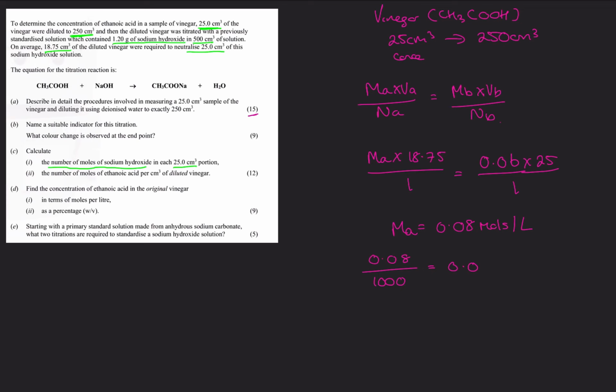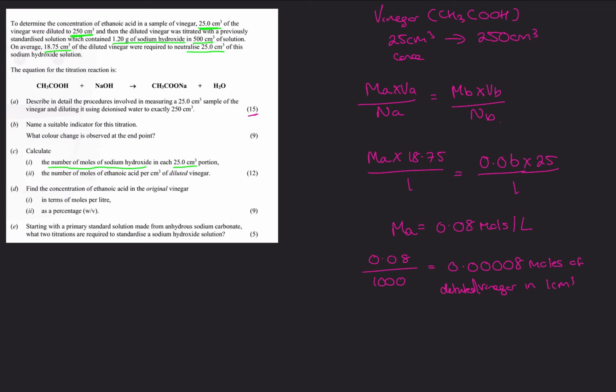So it's going to be really small. And you'll work out 0.00008 moles of vinegar in 1 centimetre cubed. And that's the diluted vinegar. Okay? Alright, so that's that answer done now.